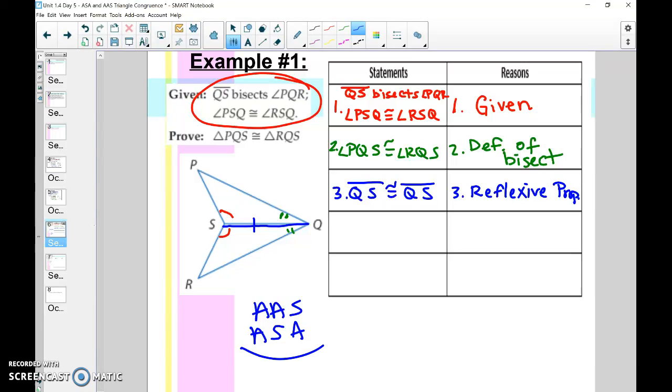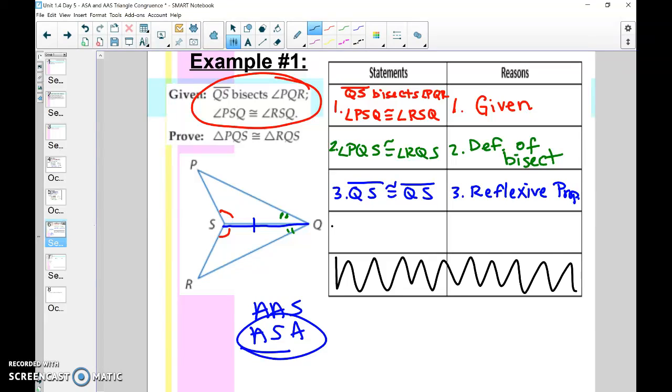It's in the middle, therefore we're using this one. So actually we didn't need this fourth box. Just threw it in there to see if you guys were paying attention. So triangle PQS is congruent to triangle RQS. And the reason, like we just said, is ASA. All right, make sure you get that copied, and then we'll move on to the next one.